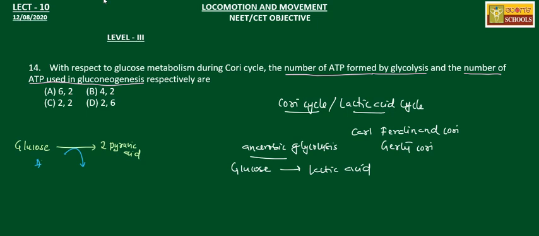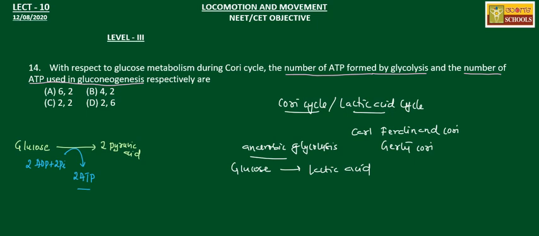That is, two ADPs and two Pi will result in the formation of two ATPs.